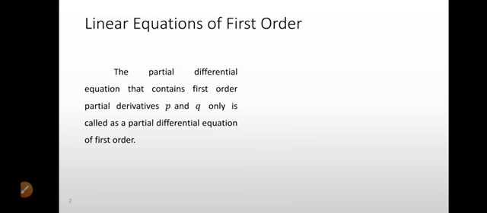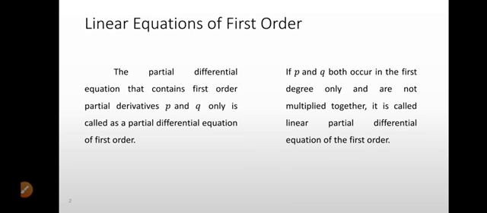Now we will see the definition of linear equation of first order or linear partial differential equation of first order. If p and q both occur in the first degree only and if they are not in multiplication form with each other, then that partial differential equation of first order is known as linear partial differential equation of first order.